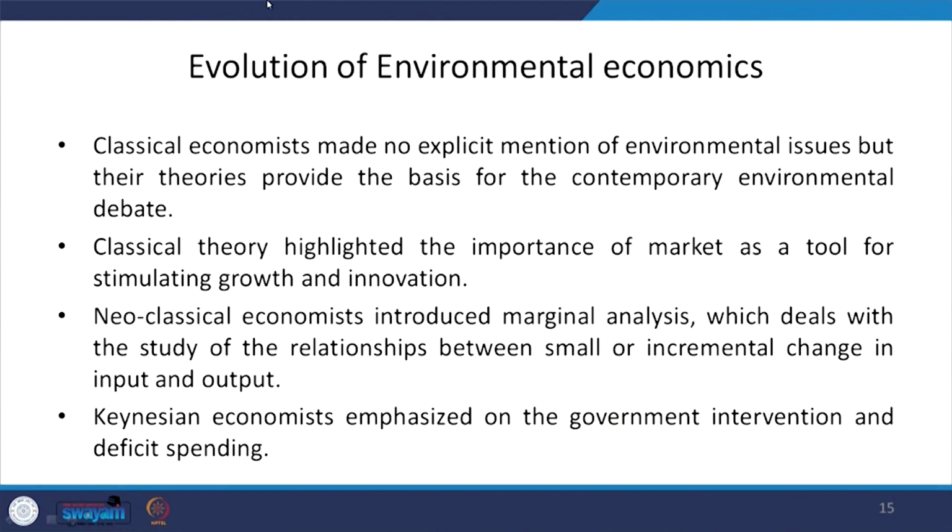Even Ricardo gave the theory of rent, and that rent theory also gives some insight that agriculture is subject to diminishing marginal return, because when we exploit our soil more and more, the productivity of soil declines. So, these earlier classical economists, although they have not made explicit mention of environmental issues, provided theories that form the basis for the contemporary environmental debate.